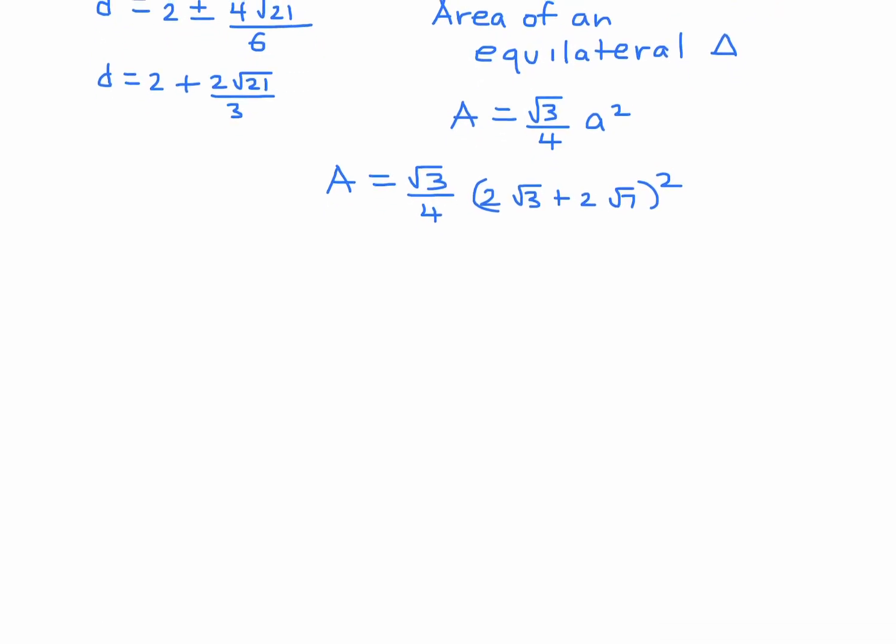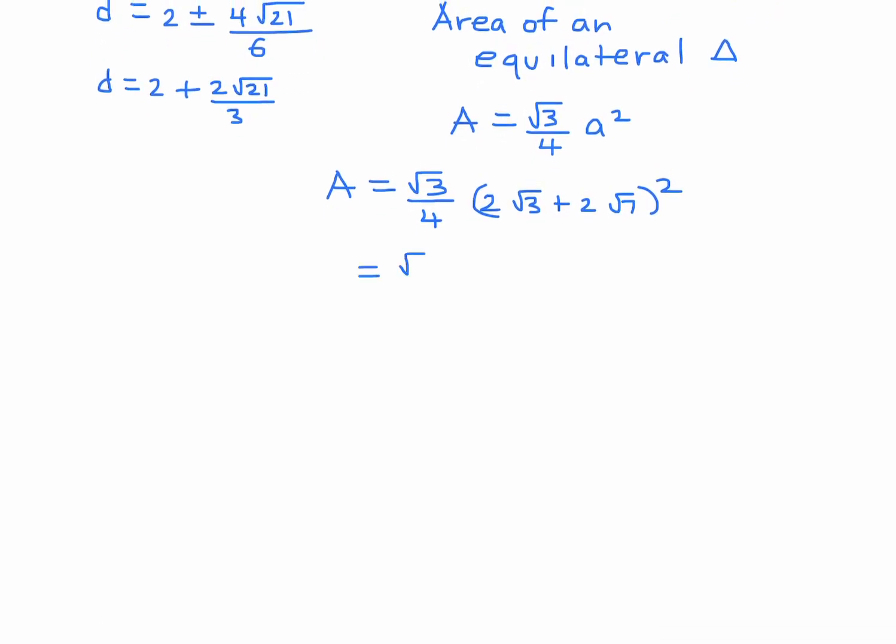And let's expand this now. So root 3 over 4, it would be 2 root 3 times 2 root 3, so it would be 3 times 4, which is 12. And then you would have 2 times 2, 4, and then 8 root 21, plus 2 times 2, 4 times 7, 28.